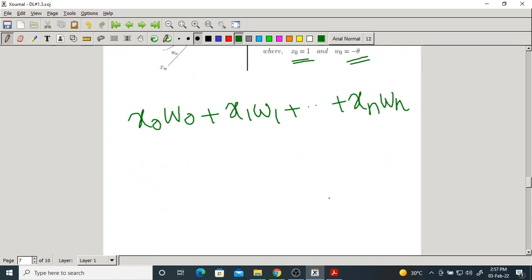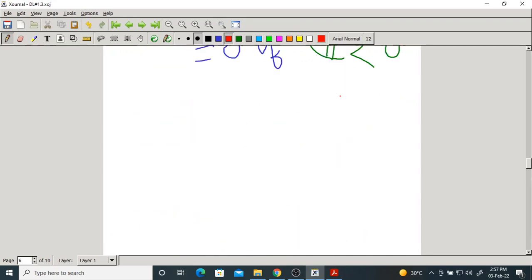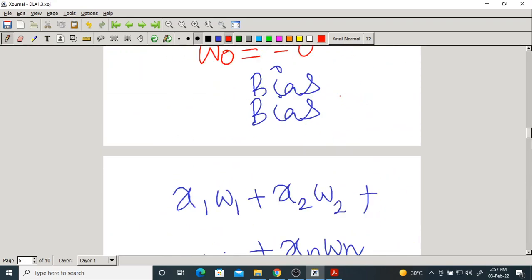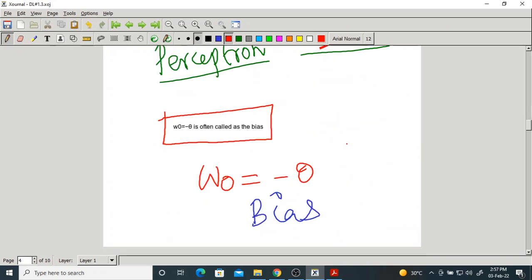Now if you write this equation, the summation is from i equal to 0 to n, because it starts from 0, not 1. In the previous one, i started from 1, but here i starts from 0.